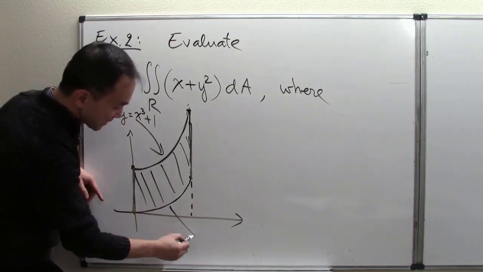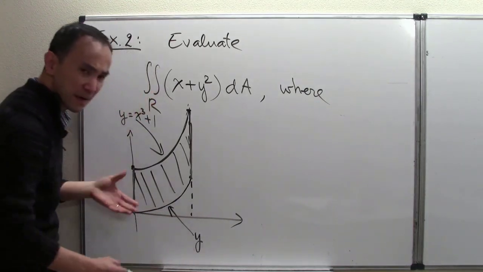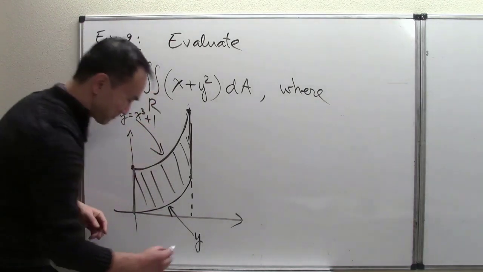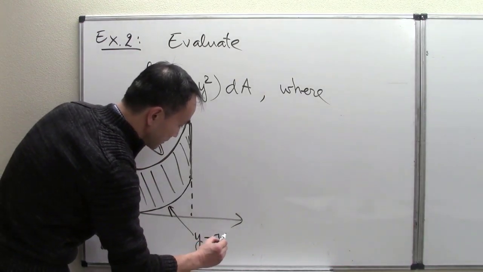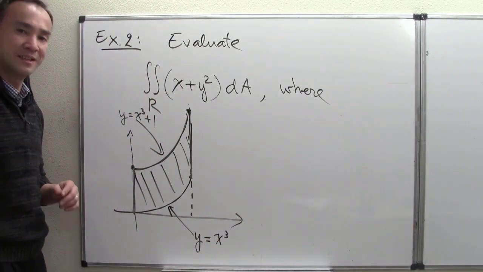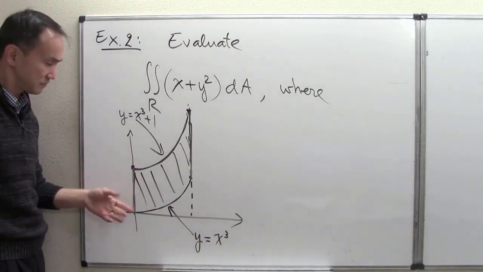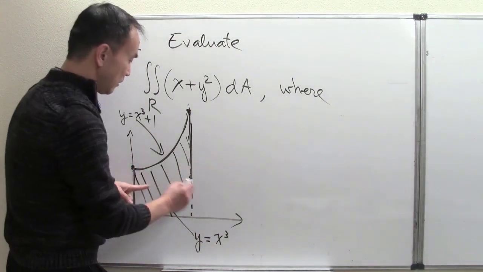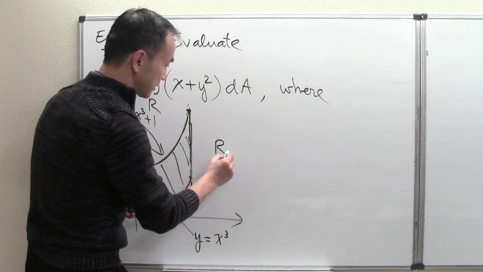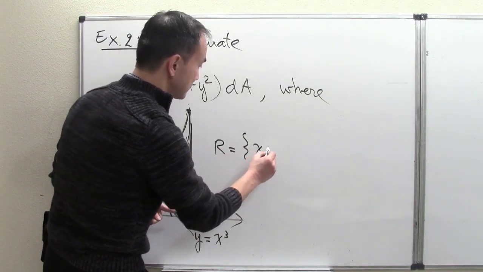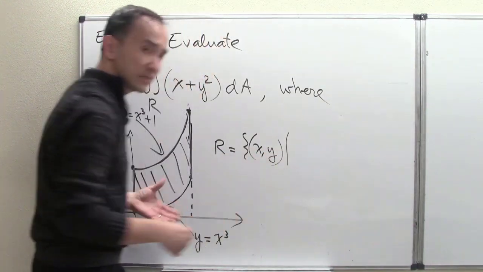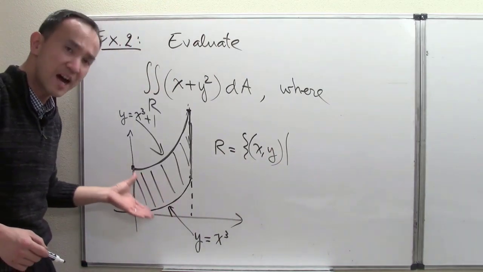And the bottom curve is, not really that parabolic but close enough, x cubed. And so in the way we see this picture, clearly the region R is at its most direct here.